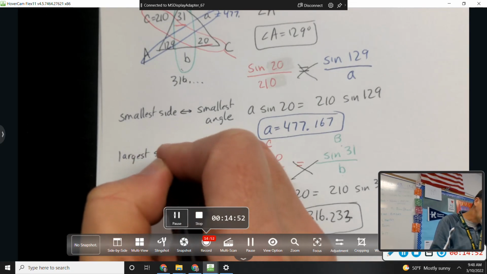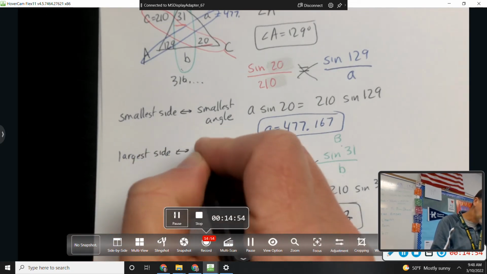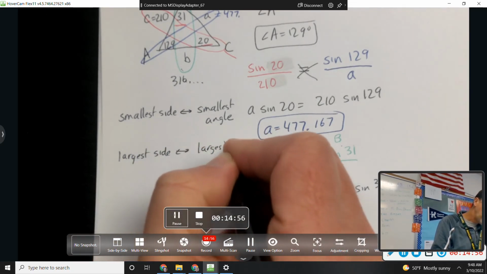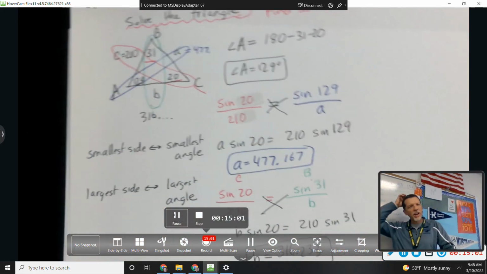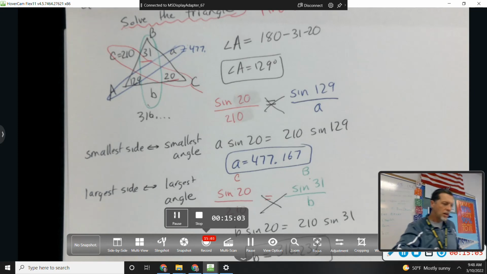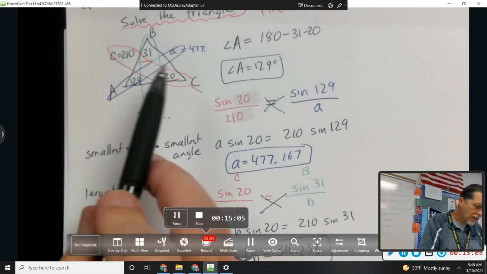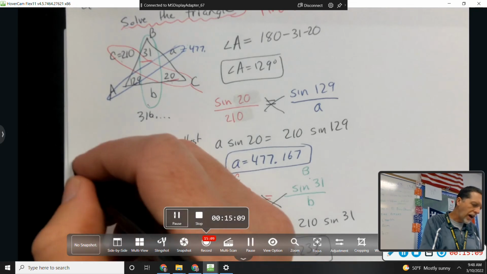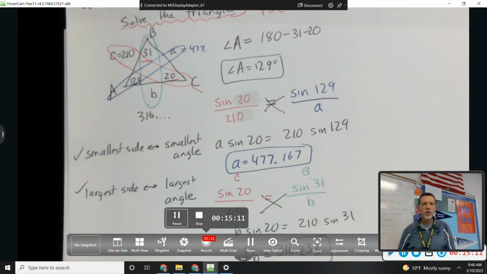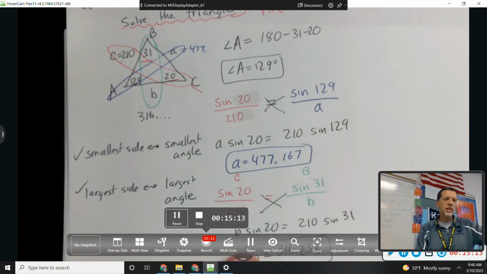And the largest side should be across from the largest angle. So that provides a little bit of a check. It doesn't guarantee you got the problem right, but my smallest side's across from my smallest angle, my biggest side's across from my biggest angle, so I've at least check marked that part of it.